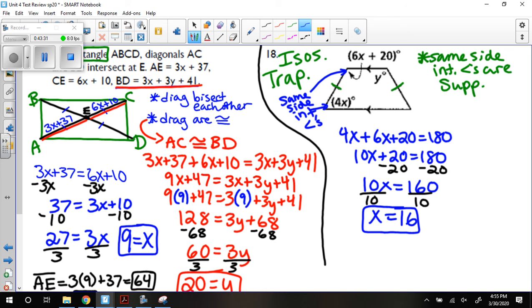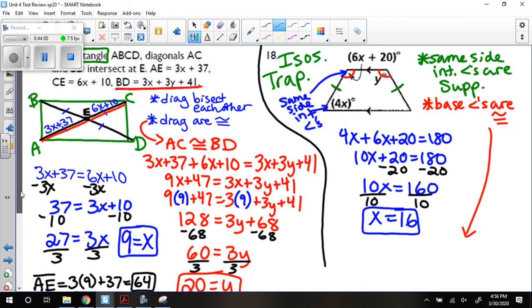Okay, for the y value, we know that base angles are congruent, okay? So these 2 angles, which are my base angles, are congruent to each other. Okay, so for this equation, I'm going to write it down here.